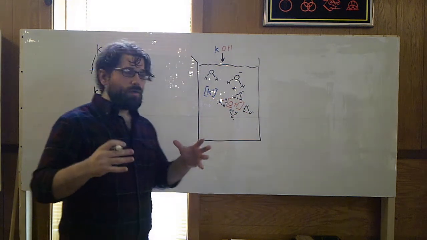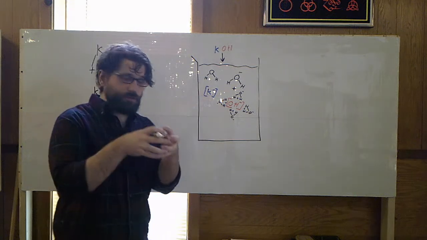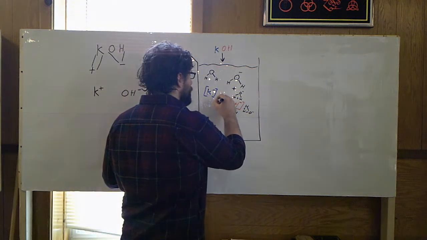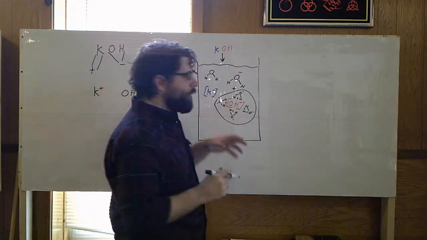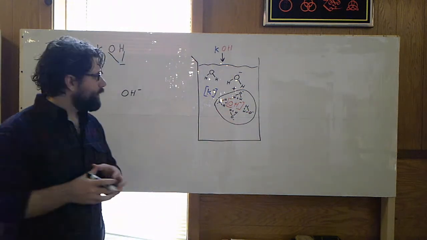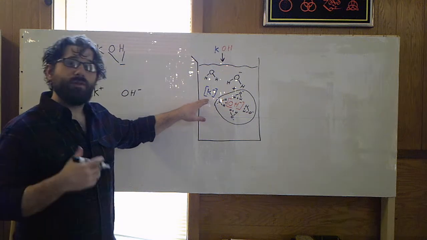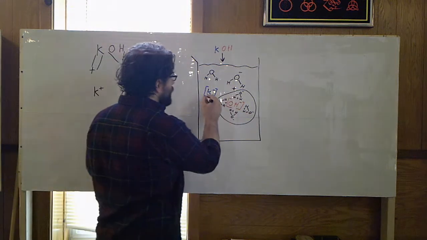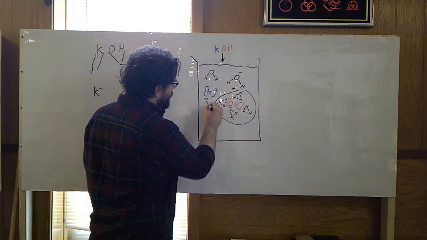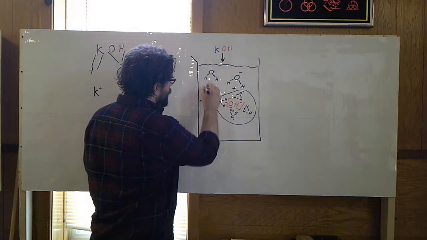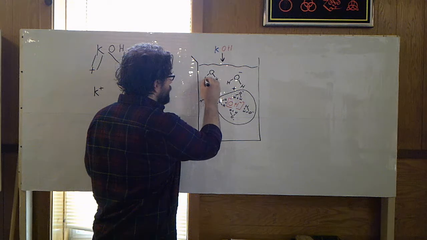So now, within my little solution, I'm going to have all of these water molecules carrying around this hydroxide. The same thing is going to happen for the potassium, except instead of the hydrogens facing it, it's going to be the oxygen facing it. I don't think I'm going to be able to draw as many because I'm running out of room here.